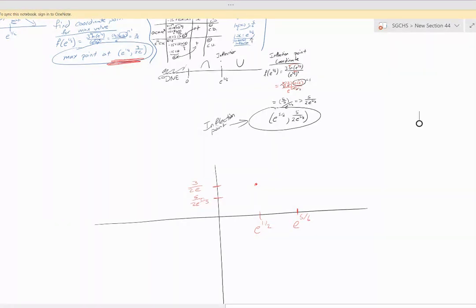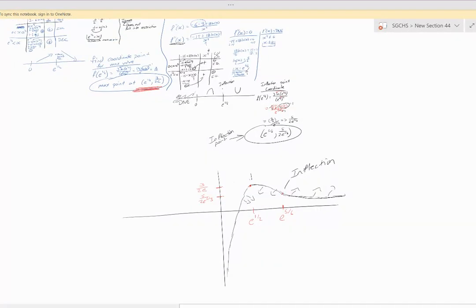And if we were to draw this, our function is going to roughly look something like, and then remember, it's still concave down here, and then it goes to concave up. So it's going to look something like that. So we have concave down, and then this is concave up here, and there's your inflection.